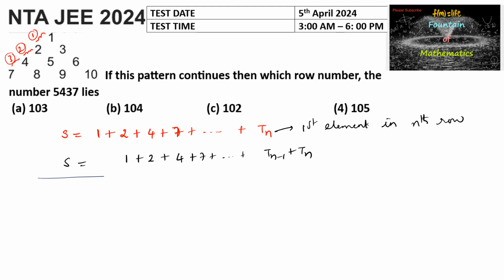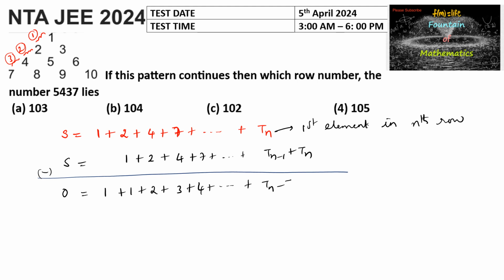And if you find the difference, we can get S minus S. Here 2 minus 1 is 1, 4 minus 2 is 2, 7 minus 4 is 3, and the next one is 11 minus 7 is 4, and so on, up to Tn minus Tn minus 1. And here there will be n minus 1 terms, the sum of n minus 1 natural numbers.